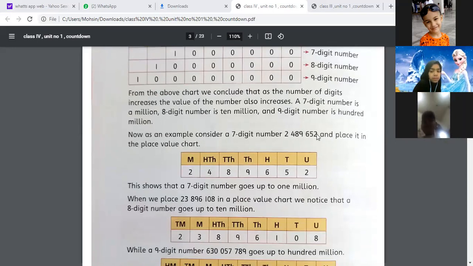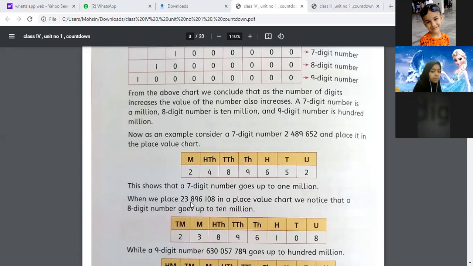This 2 is in the unit place, so we write it under unit. The second one is tens, so we write 8 under tens, and 6 is in the 100s place, so we write 6 under the 100, and so on. This shows that a 7-digit number goes up to 1 million.